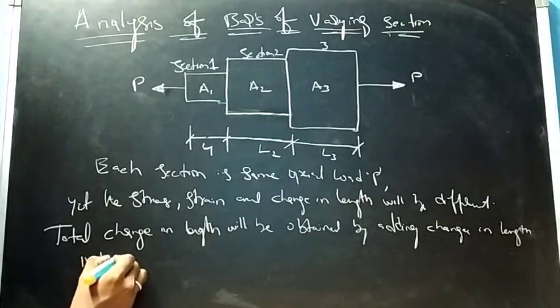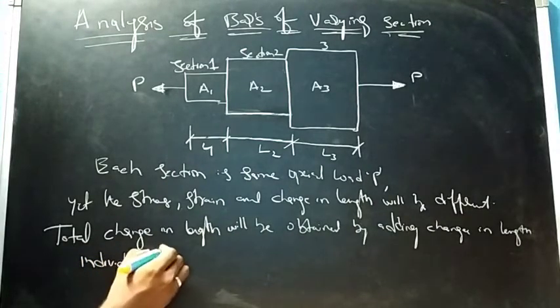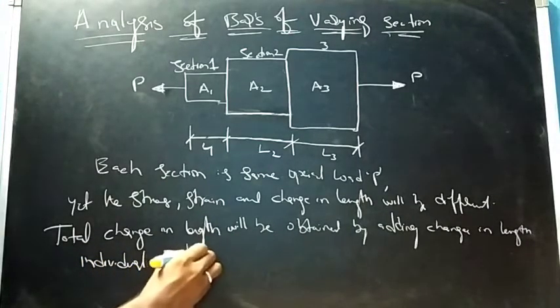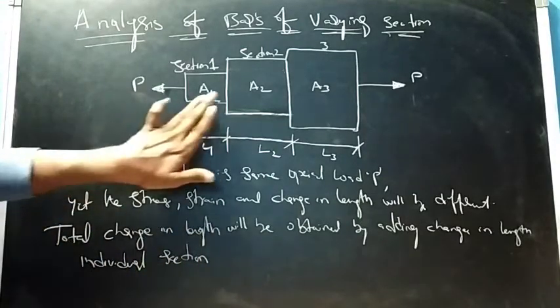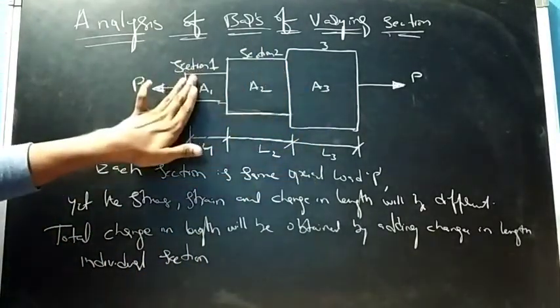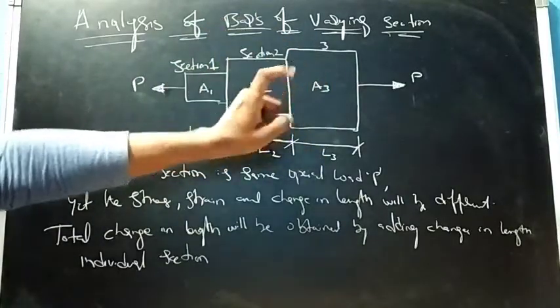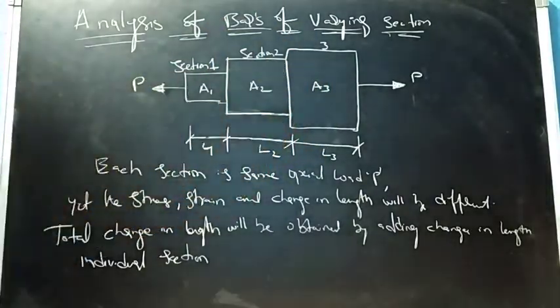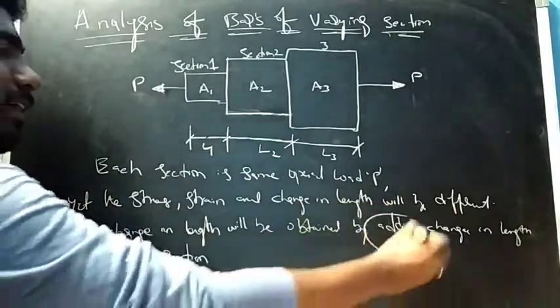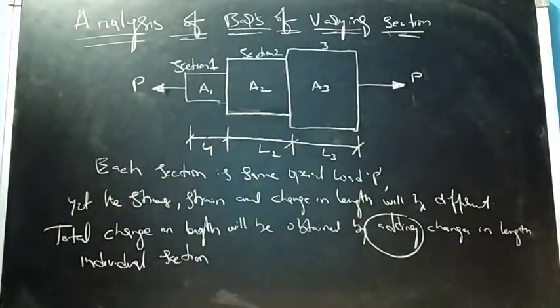So this is how we can analyze. You have to consider each section, section 1 at a time, section 2 at a time, and section 3 at one time. Then we can add all together to find out the change in length, right?